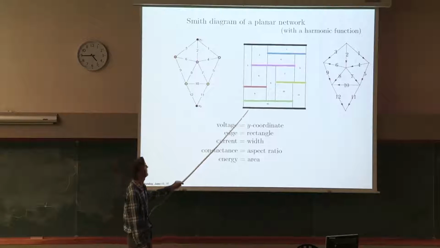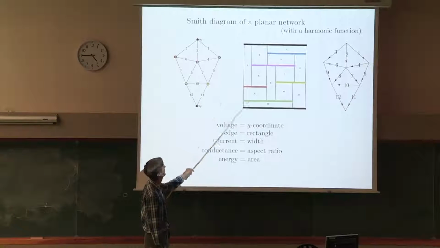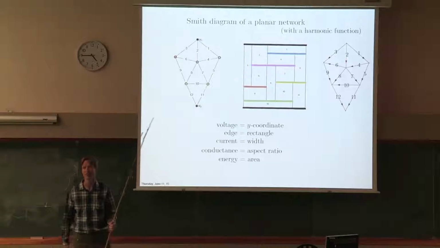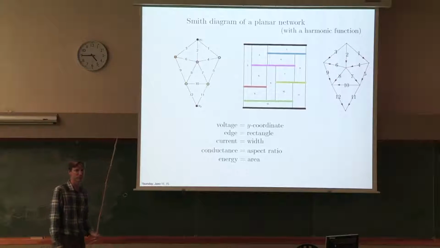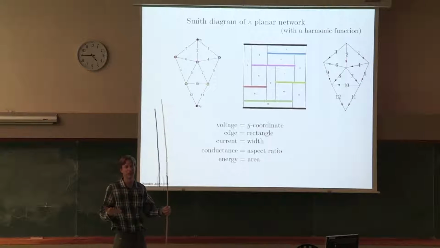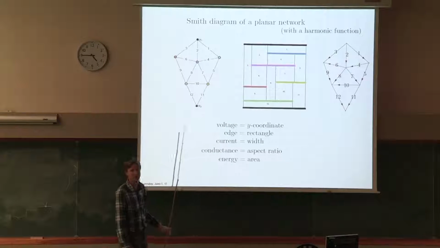So what I did was I started with the network, and I found a solution where all the areas were one. So it's an area one rectangulation of a big rectangle. But in principle, I could find an analogous picture over here with the same combinatorics but arbitrary areas.